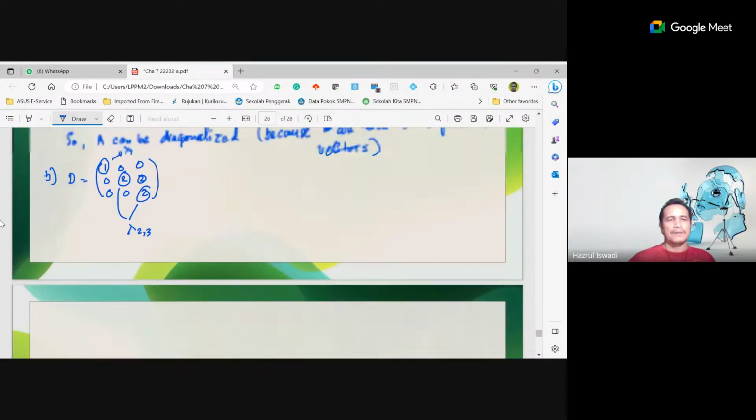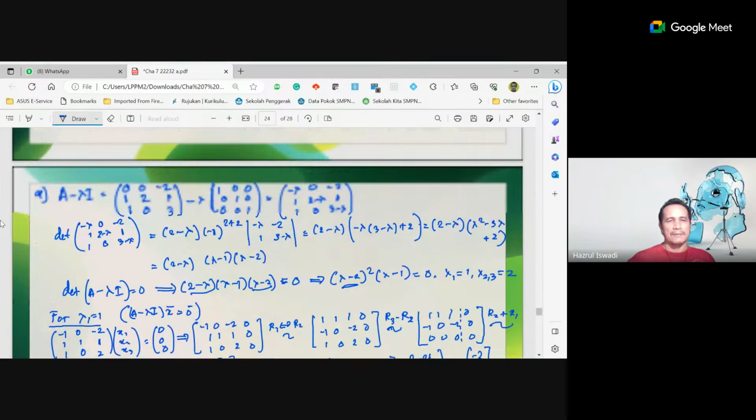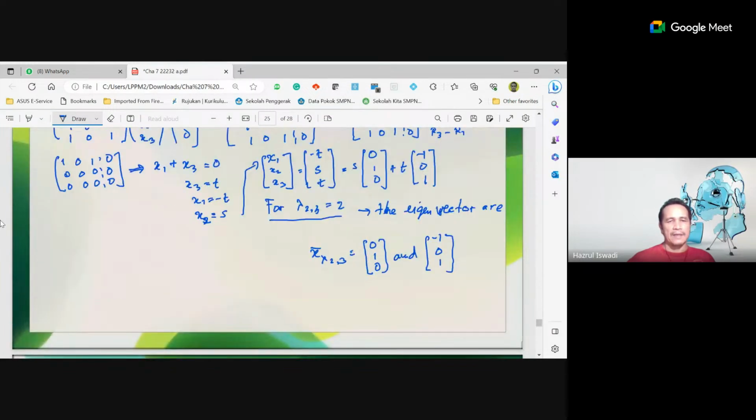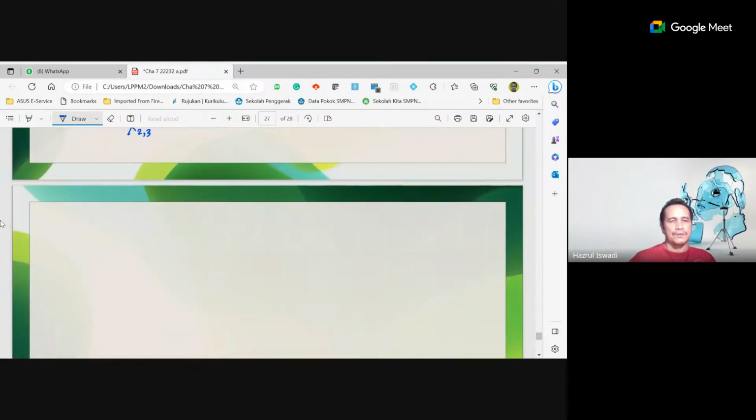For part C, we must determine A to the power of 10. A to the power of 10 is equal to P D to the power of 10 P inverse.